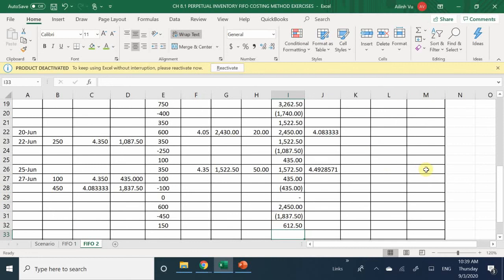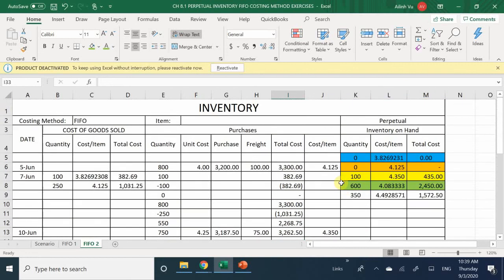So now what do we do up here? Put 150 on the quantity. Good.